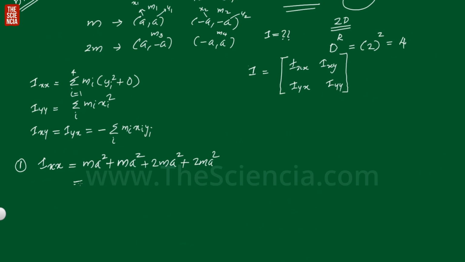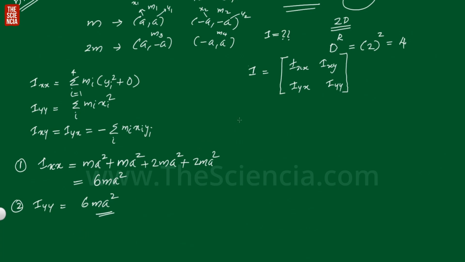So we get 6m a square. Similarly, if you calculate Iyy, you finally get 6m a square. Please try by yourself.